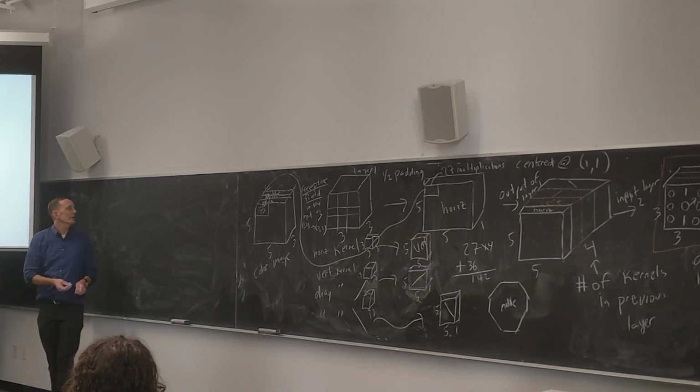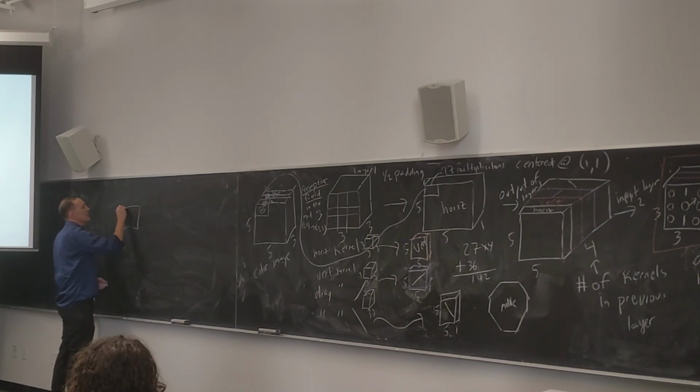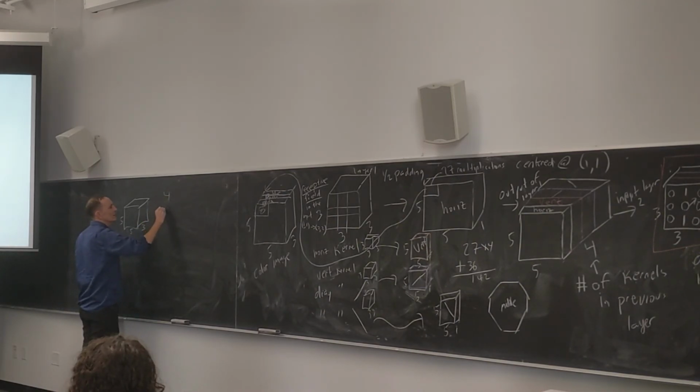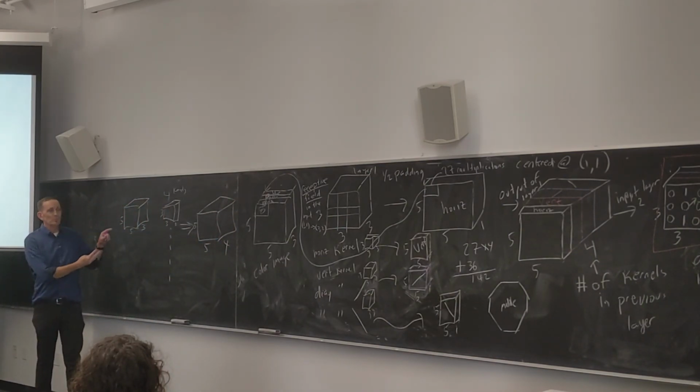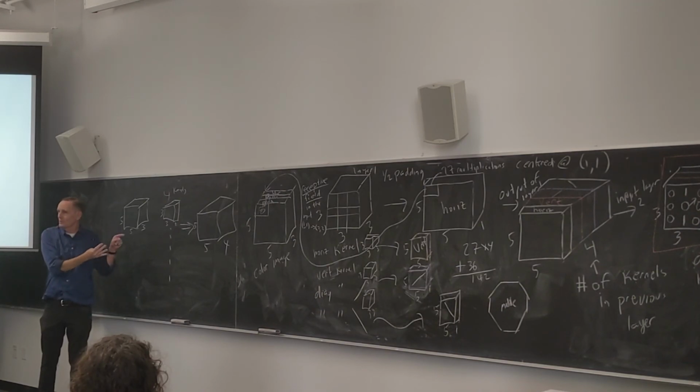Yes, although the way you really want to think of it is we have a 5 by 5 by 3, we have 4 3 by 3 by 3s, 4 kernels, and then this produces a 5 by 5 by 4. Okay? So we just pulled it apart into separate ones just so we understood what's going on.